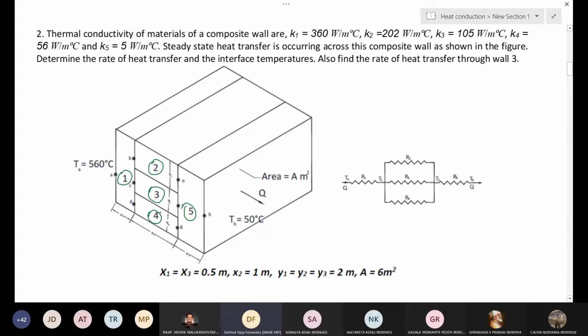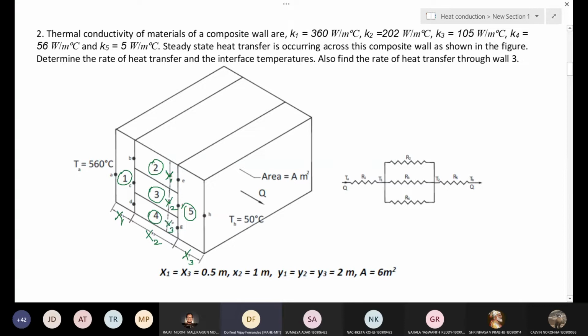I think the expressions in the figure are very small. Notations, I will write them again here. This is x1, this is x2, and this is x3. Whereas y1 is here. This is y1, y2, and y3.